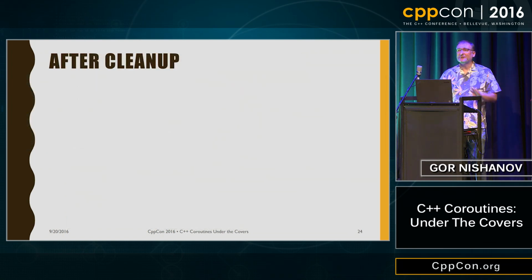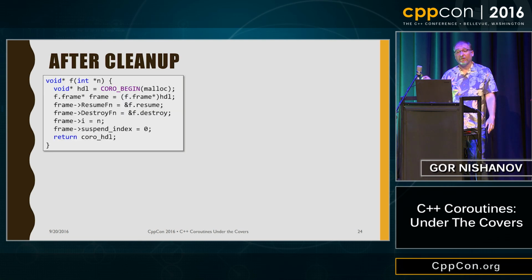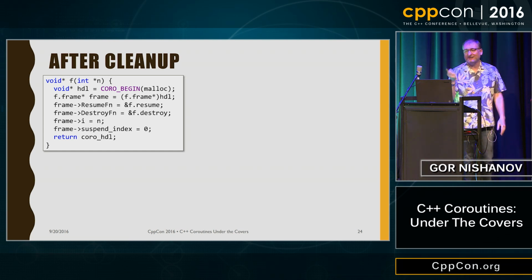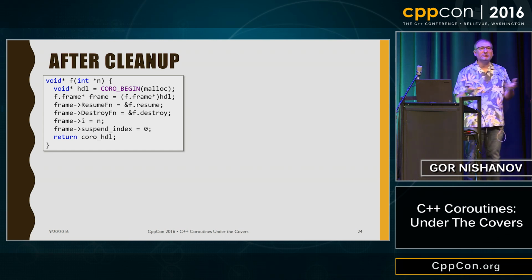So once we did that, again, what we did is a very simple thing. We cloned the function several times, added a tiny little bit of code, and expanded a few intrinsics into constants. Then the optimizer will actually clean it up for us very nicely. So we'll end up with this F, which just calls the allocation routine, does some initialization, and then returns the Coro handle.